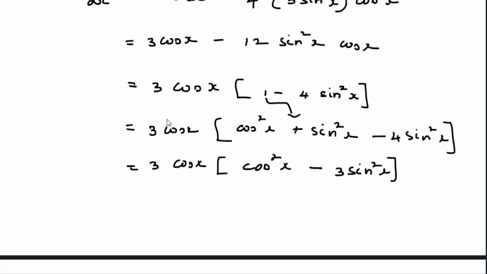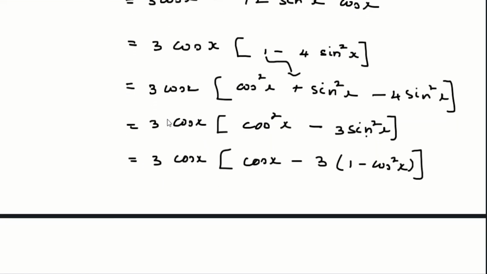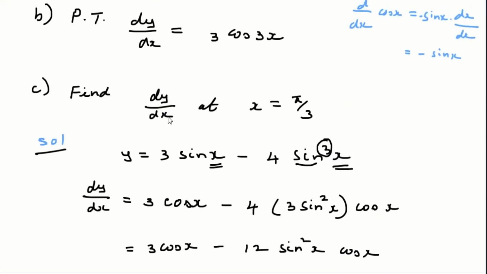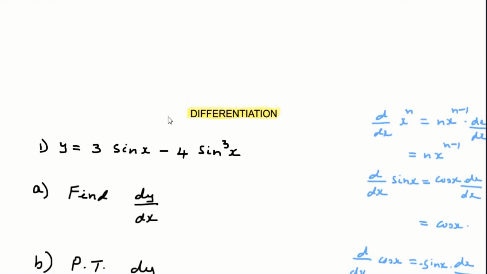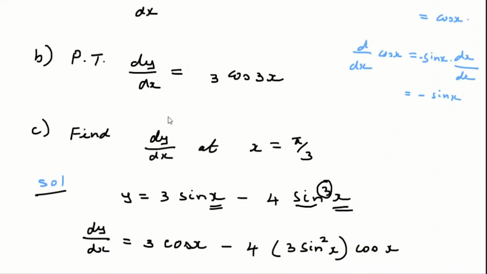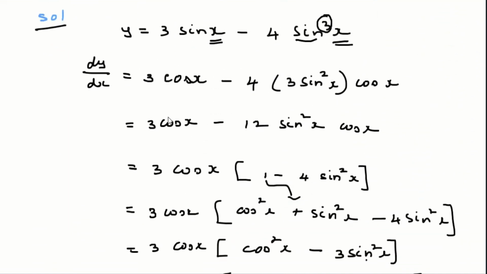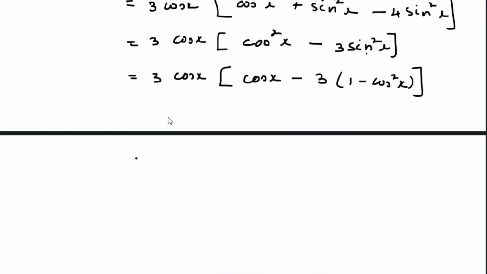Again, which is 3 cos x minus 3, this sin square x is written as 1 minus cos square x. See how complicated it is because you don't know what the trigonometric formula is for the given sum. That is where we make the mistake. For this sum, if you know the trigonometric formula, you could have directly proceeded with the first step. So this is written as 3 cos x minus 3 plus 3 cos square x.